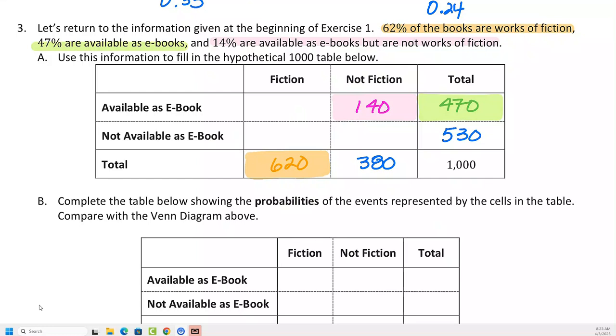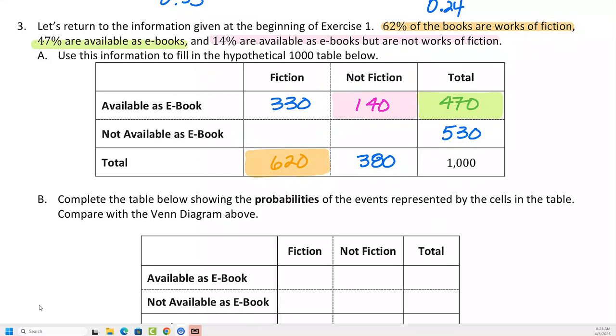Okay, and then the nice thing is I can start figuring out the rest. I know that these have to add to 470. This plus this equals 470. So if I take 140 and subtract it from 470, is that 330? Okay, I know that these have to add up to give me 620. 330 plus something has to be equal to 620.